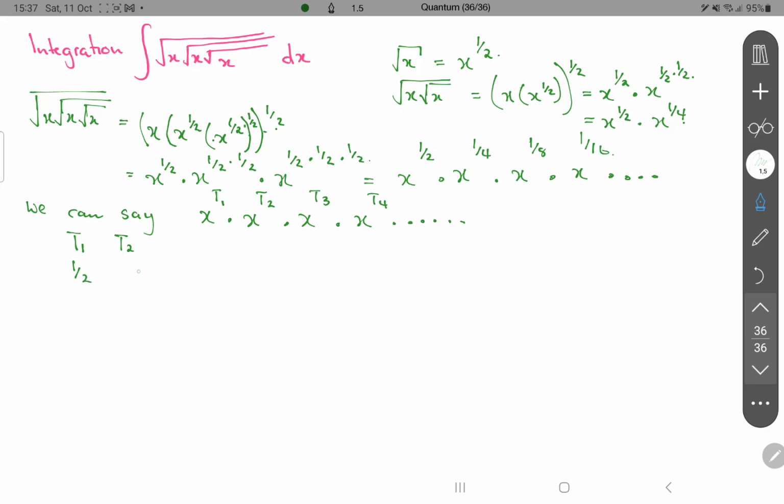Our t2 is a quarter. Our t3 is 1 over 8. Our t4 is 1 over 16, on and on. If you look at this, there is a common ratio of a half here, a common ratio of a half here, a common ratio of a half here. So here our a is equal to a half, our r is equal to a half.